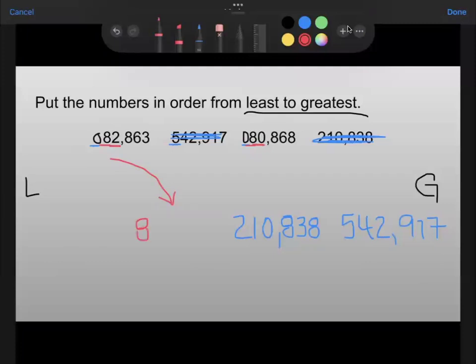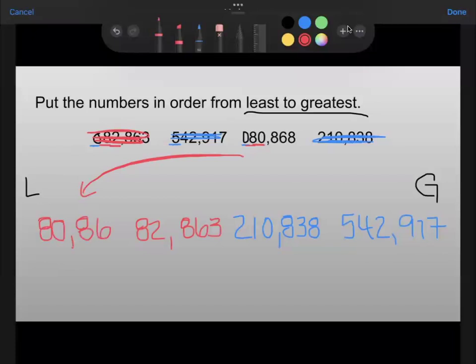So this would be 82,863 right there. And then after I have that placed and crossed off, the only number I have left is this one, so it has to be the least. So that's going to be 80,868. And that's going to go right there. So these are the numbers in order from least to greatest.